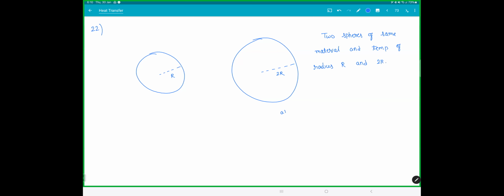The first question: who loses more heat per second? Second one: who loses more temperature per second? Just give it a try.